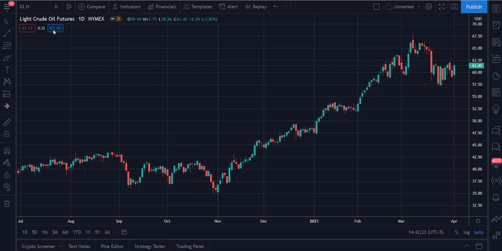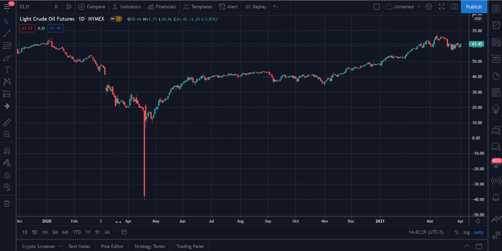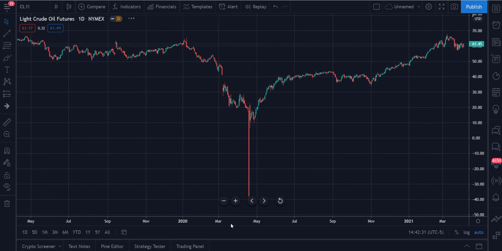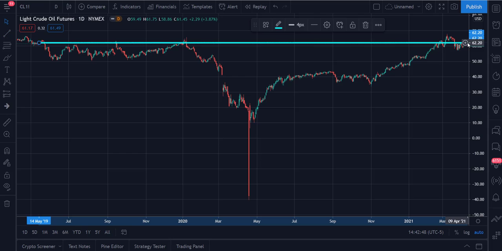So things like looking at this price line, I'm going to try and pull this all the way back, and I really hate that negative data is there because it just gets in the way of us truly analyzing price. But you can see this region that we're in right now with current price has been an area of resistance for a while.